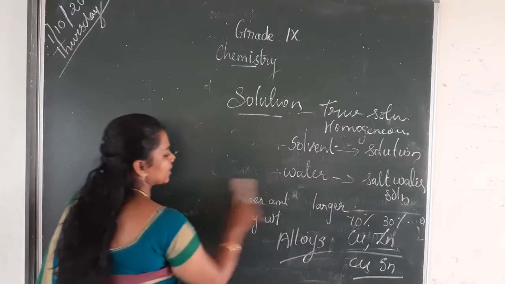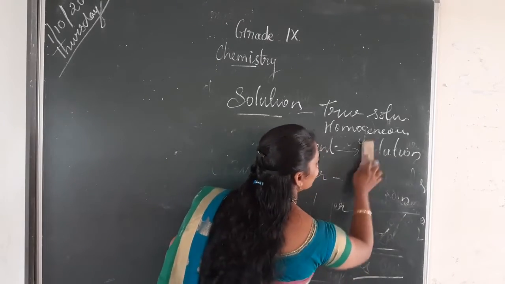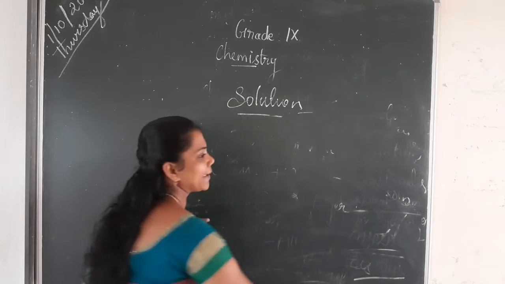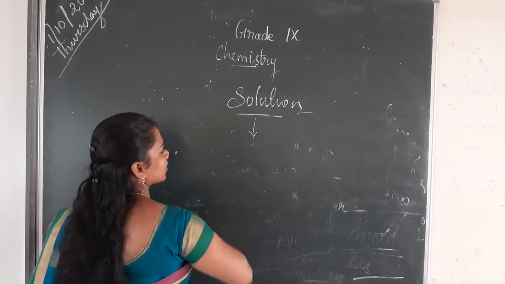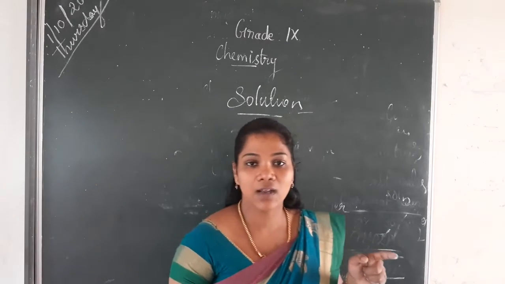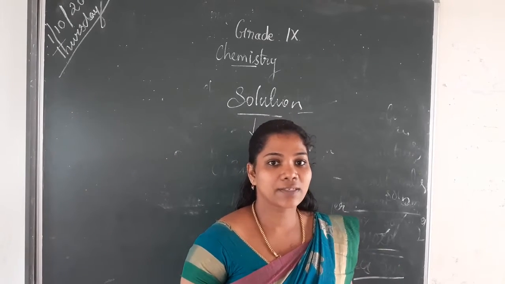Next we are going to see the types of solutions. Mainly 3 types of solutions are there. Many types of classifications are there, based on the size, based on the solvent.